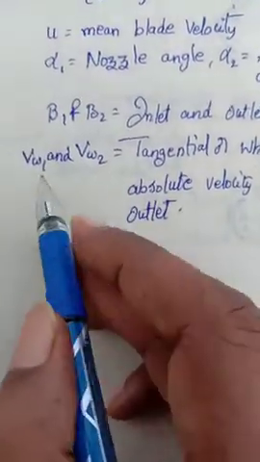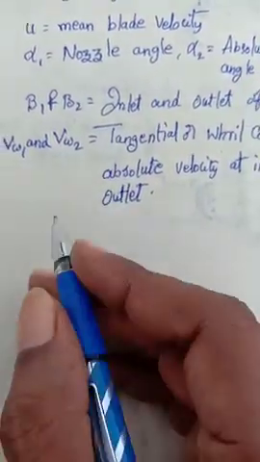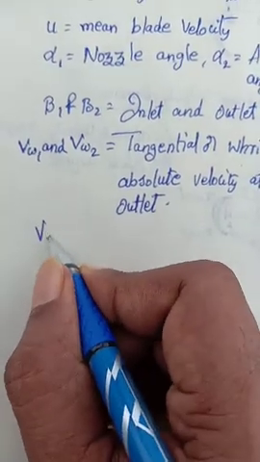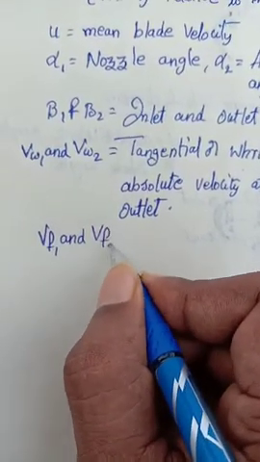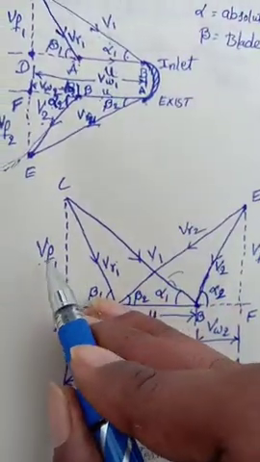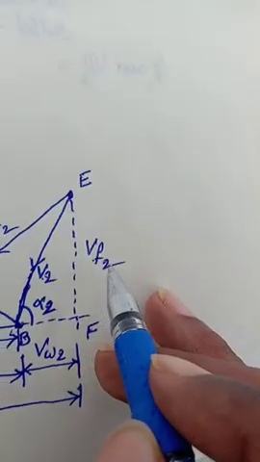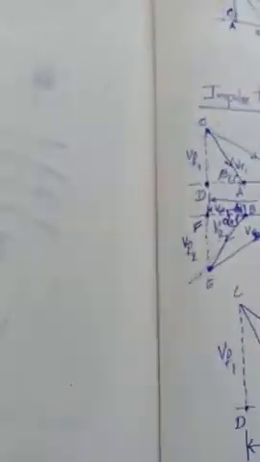Okay, this is VW1 and VW2, and then we write down VF1 and VF2. There is another term here, VF1 and VF2.